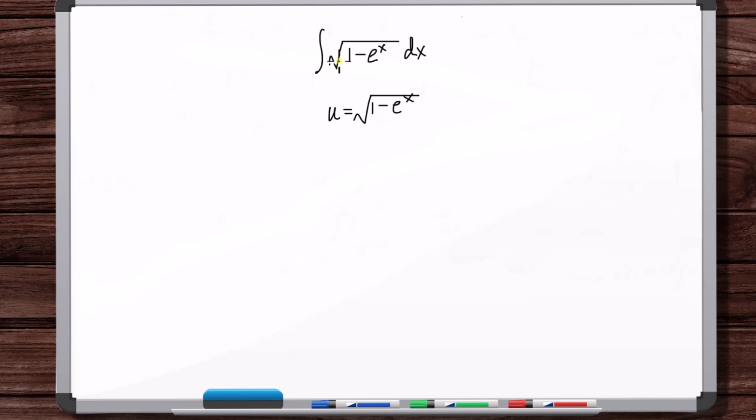Well, if we had this square root of 1 minus e to the x in a denominator, then we would consider differentiating from this step, because we know that du dx is going to start with 1 over 2 times the square root of 1 minus e to the x. So we're going to have this in the denominator with the differential. But we don't have that here. So differentiating at this step would make things complicated.